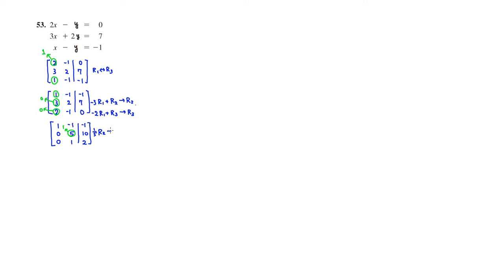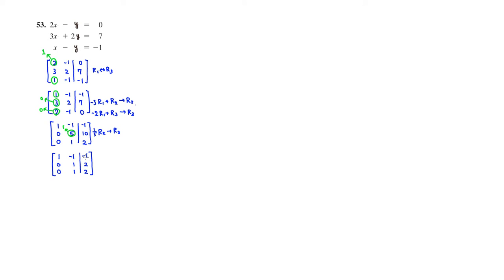That's going to give us a new matrix, which looks like this. No change on the first row, and the third row stays the same. Here, row 2 is divided by 5. 0 divided by 5 is still 0. 5 divided by 5 is 1. 10 divided by 5 is 2.